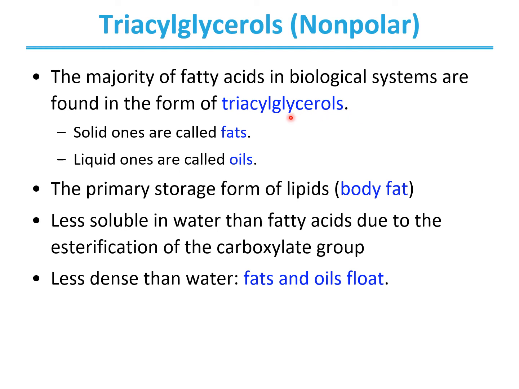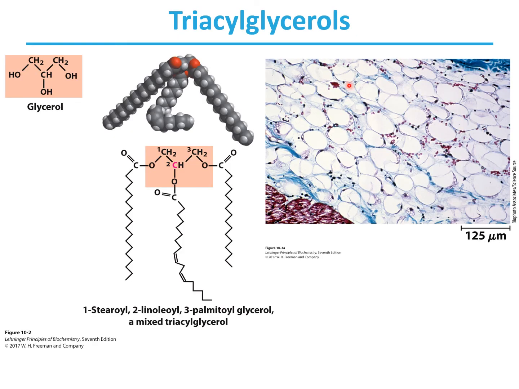They can be found in the form of solids or liquids, depending on the type of fatty acids that are esterified in these molecules. If you have saturated fatty acids, they will be more solid, and if you have unsaturated, they'll be more liquid. These molecules are extremely hydrophobic, and we can see this in this molecule.